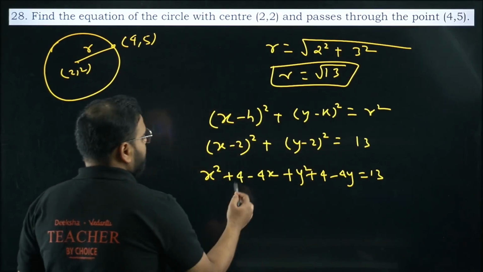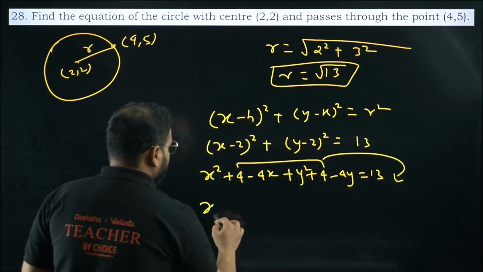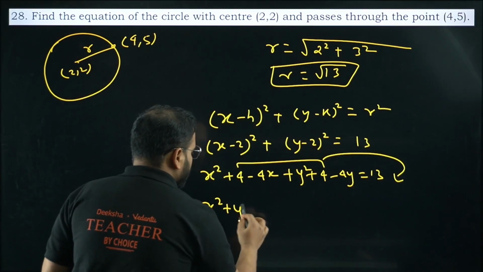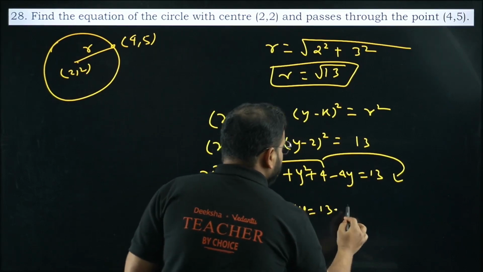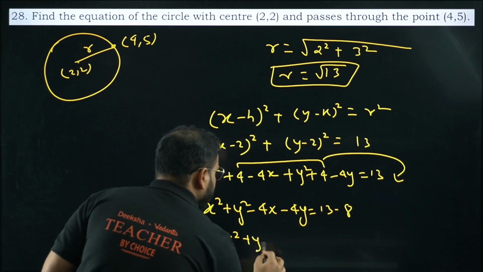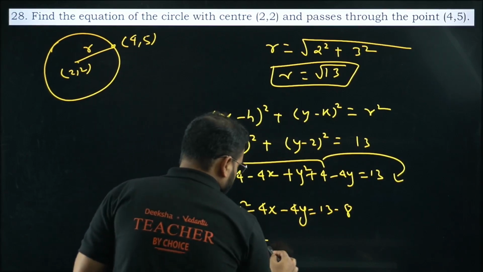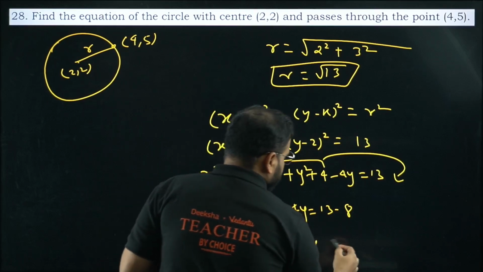You can take this 4 and 4 on this side. It will become minus 8, right? So I have x square plus y square minus 4x minus 4y equals 13 minus 8. What is that going to be? So I have x square plus y square minus 4x minus 4y equals 5.